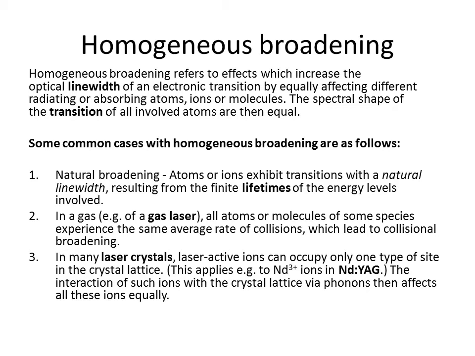It is due to the energy time uncertainty. If the energy levels are broad, there is a finite uncertainty in energy and therefore a finite lifetime. Due to the finite lifetime, the transitions can take place at random instances, and that will lead to broadened output. In this mechanism, all the atoms contribute equally.